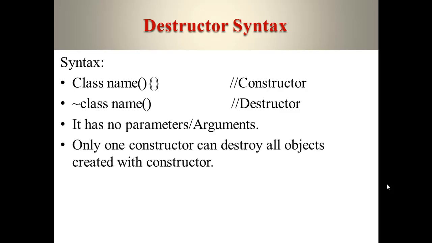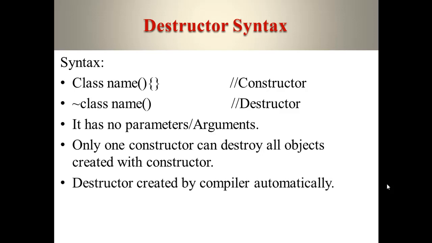Only one destructor can destroy all objects that are created by the constructor. So there is no need to write a destructor for each object. A destructor is created by the compiler automatically to free the space, to free memory.